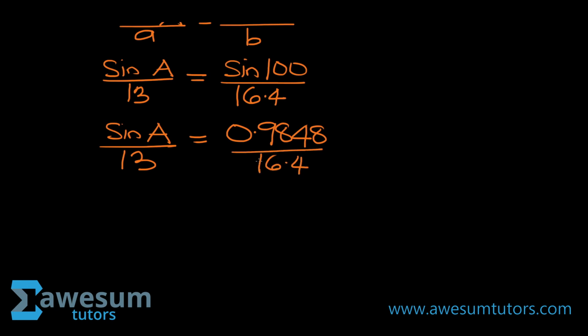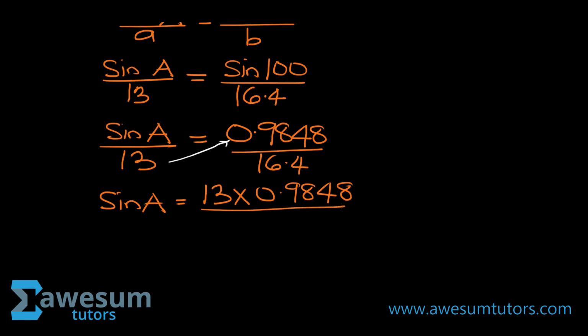If you cross multiply, sine A equals 13 times 0.9848 over 16.4.